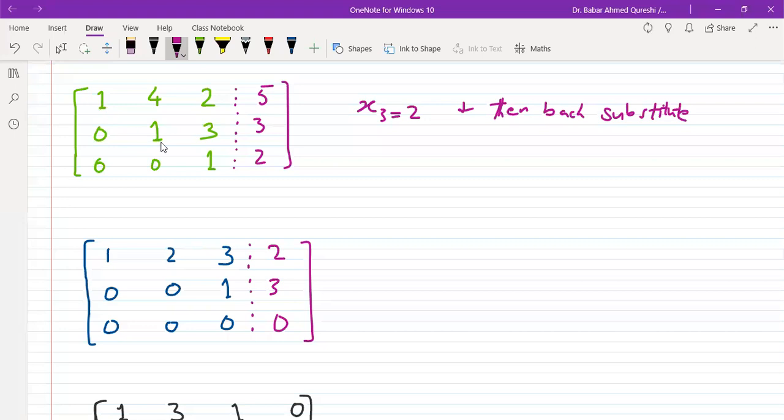Now this first one was strictly triangular, so we know that we will have a unique solution.